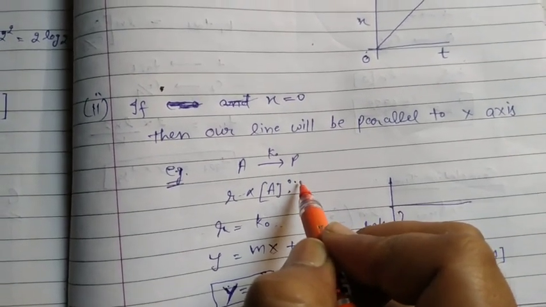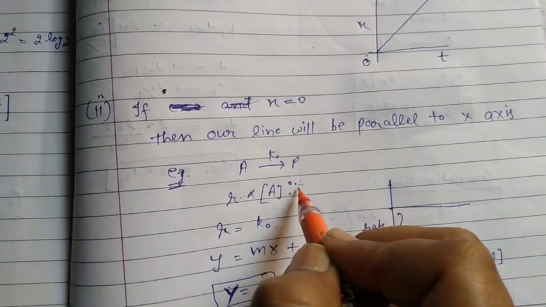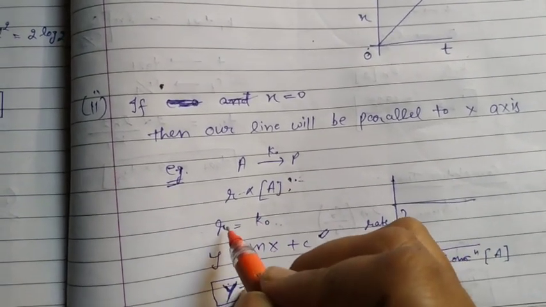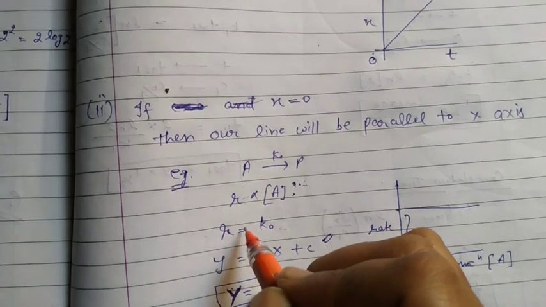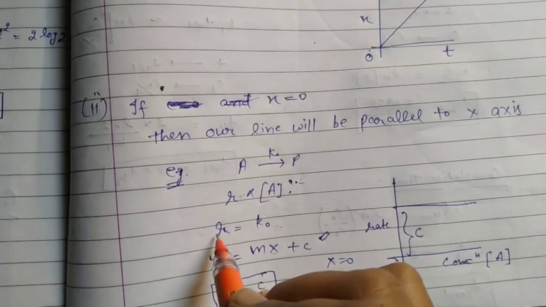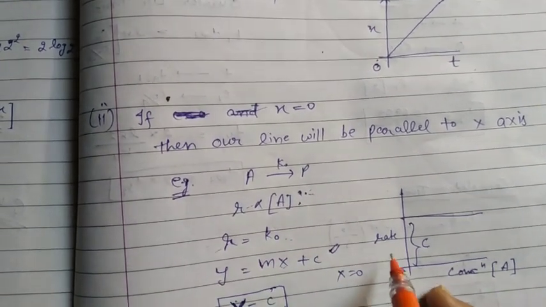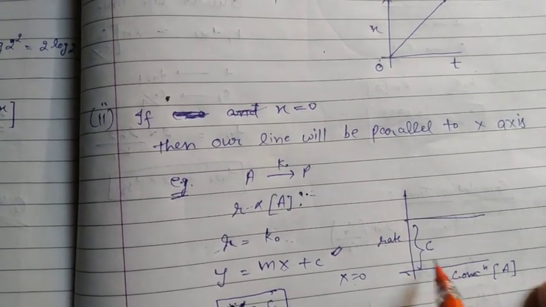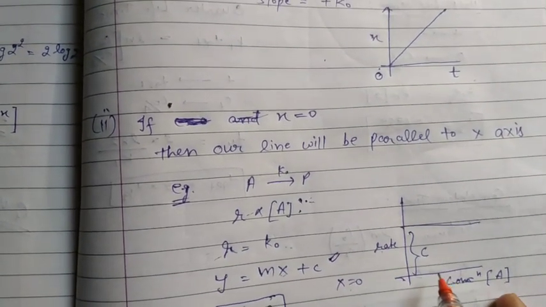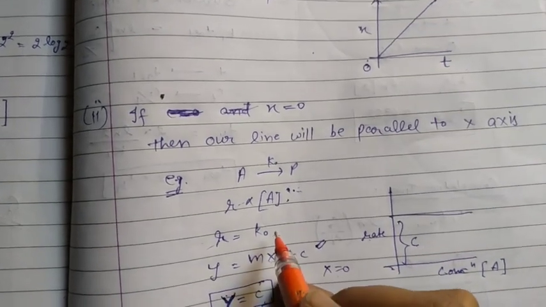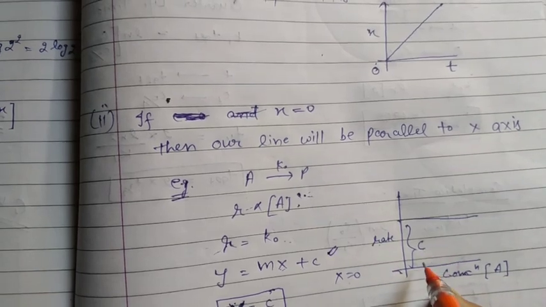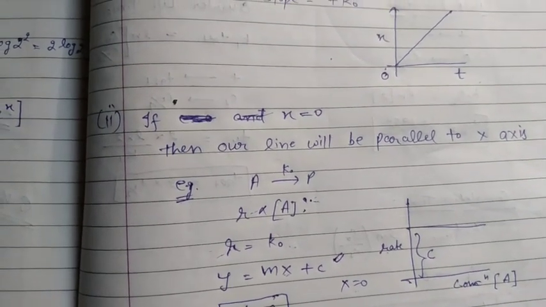As we are taking the zero order reaction, we will put 0 here. So our equation will be rate is equal to k naught, which means rate is independent of concentration. When we draw the graph between rate and concentration, as rate does not depend on concentration, the graph will be parallel to the x-axis.